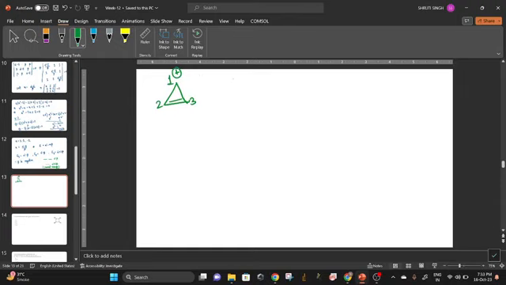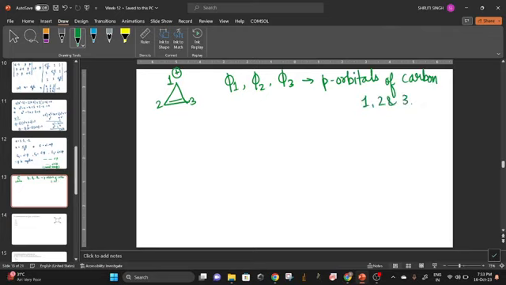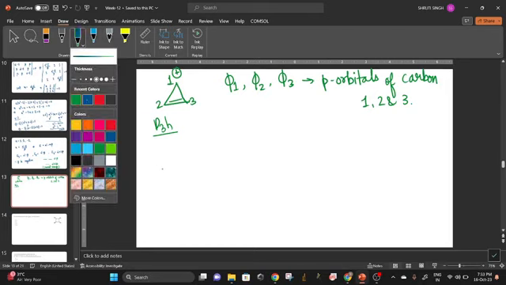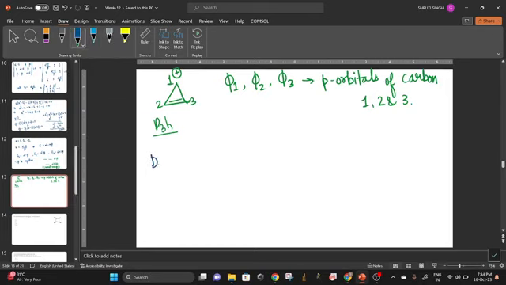Okay, means phi 1, phi 2 and phi 3 denote p orbitals of carbon 1, 2 and 3. Okay, so here the point group is D3h. So let's see how the irreducible representation is.